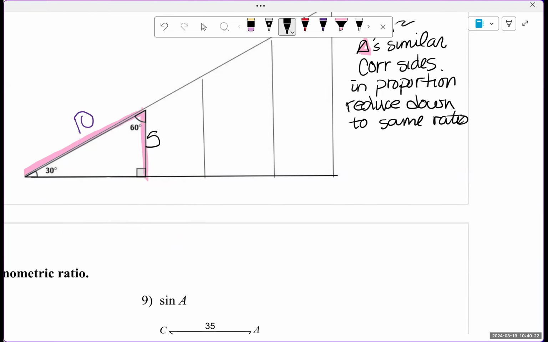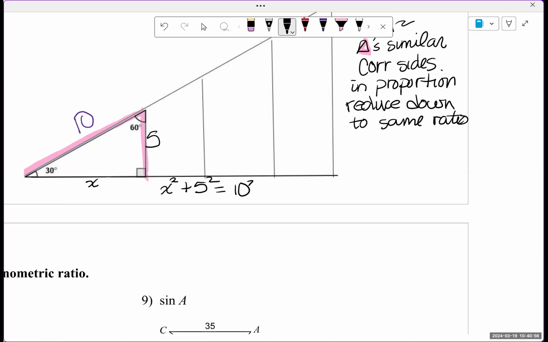Now, if I were to do Pythagorean theorem to solve for x, do we remember Pythagorean theorem? A squared plus B squared is C squared. So let's do Pythagorean theorem. X squared plus 5 squared.